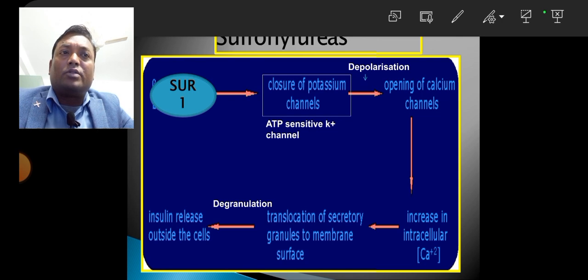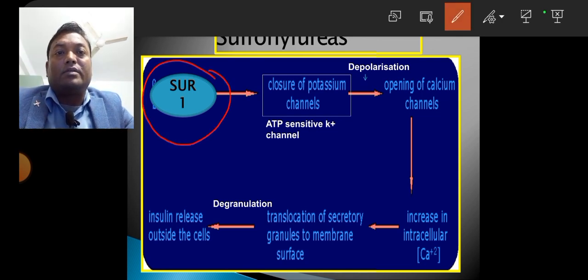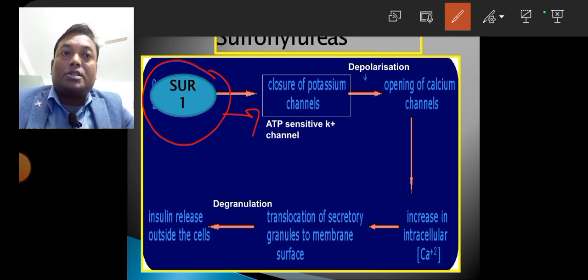How do sulfonylureas act in our body? Sulfonylurea binds with the sulfonylurea receptor 1. This causes closure of the ATP-sensitive potassium channels, leading to depolarization, causing opening of calcium channels.